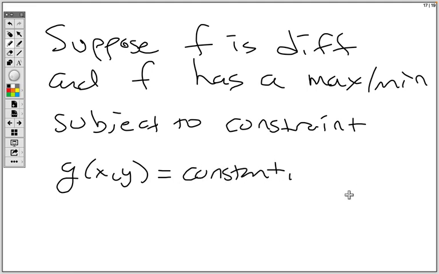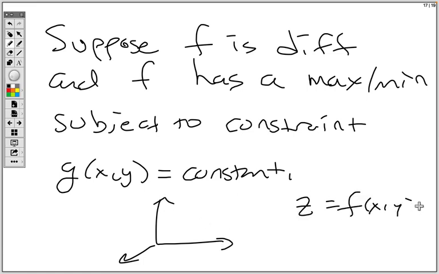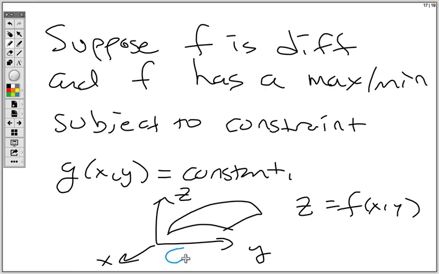Okay, so let's sketch the situation here. If we think of z as being a function of x and y, we can visualize z as being a surface. All right? g of x, y equal to a constant, we can think of as being a constraint curve in the plane. So this is the g of x, y equal to a constant.